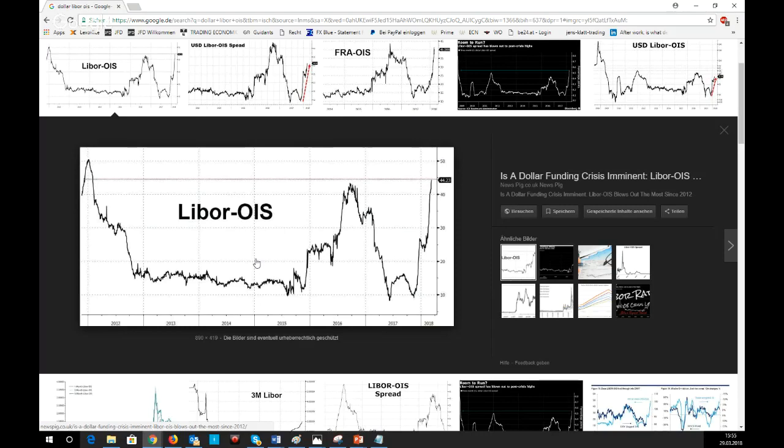While the OIS, the overnight index swap rate, is showing the so-called risk-free premium, which is offered by the central bank of, let's say, the Eurozone, the ECB in this case, or the Fed, for example.